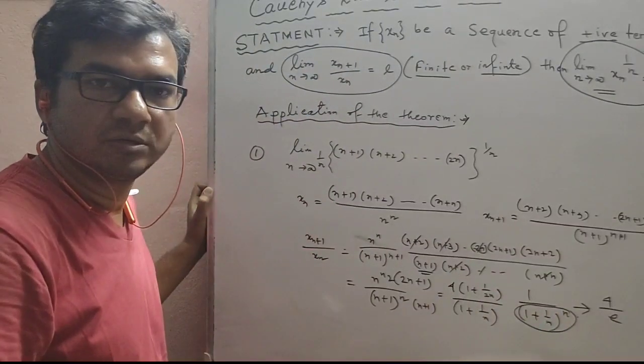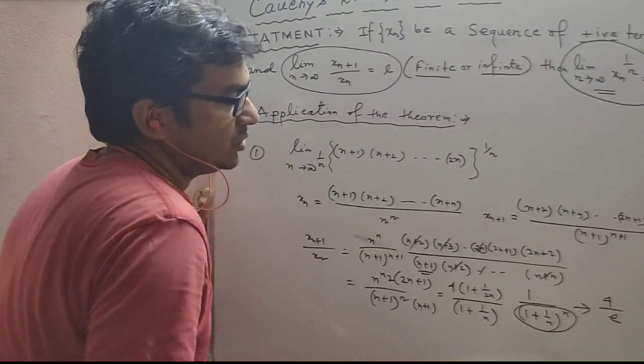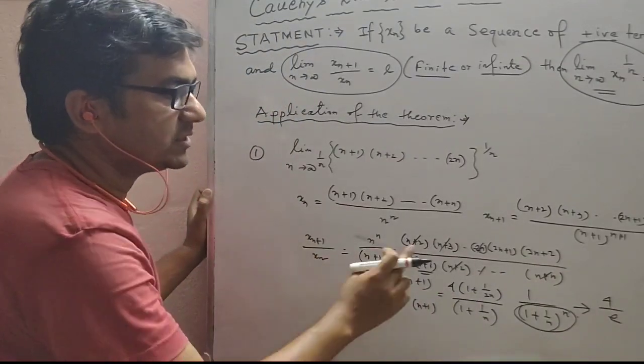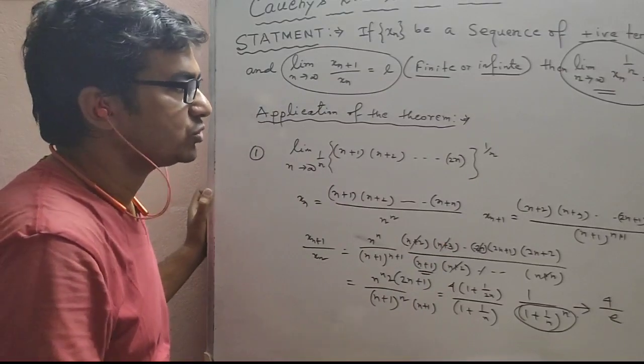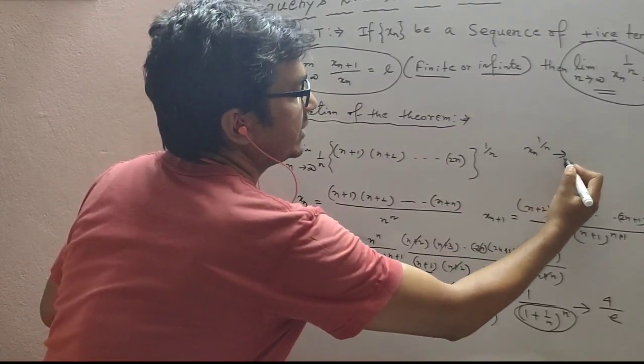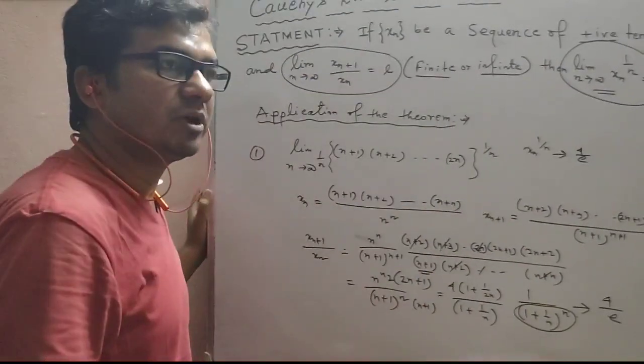This is a very important limit of the sequence. So xn plus 1 by xn tends to 4 by e. So obviously xn to the power 1 by n tends to 4 by e by using Cauchy's second limit theorem.